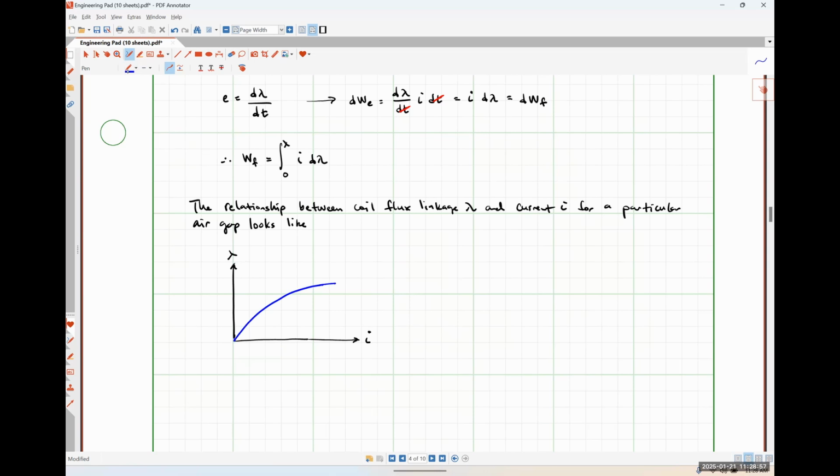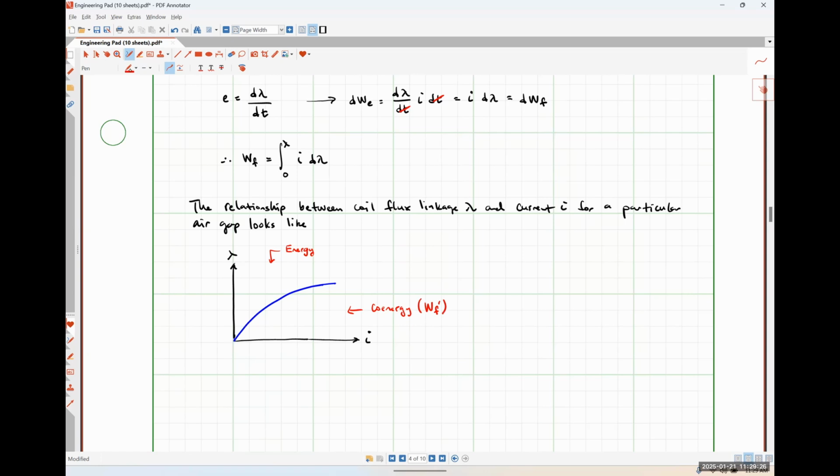Everything up here above this curve is what we're going to call the energy. And everything below the curve is what we're going to call the co-energy, where co-energy is going to be WF prime.